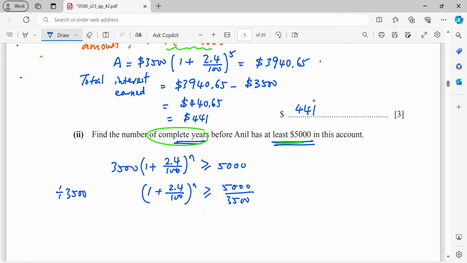Then for the left hand side, inside the bracket, I will simplify it into 128 over 125. So it will be (128/125)^n greater than or equal to 10 over 7, because you can cancel off the 0, and 50 over 35 becomes 10 over 7.